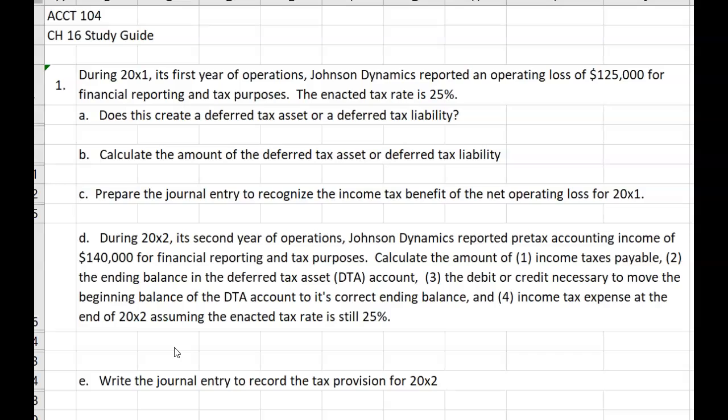As always, you will get the most benefit from these study guide exercises if you will please take the time to pause the video, do the necessary calculations, and write journal entries. Then start the video again to check your work. If you got it right, you will feel great.